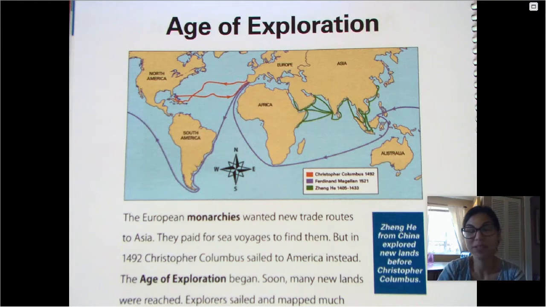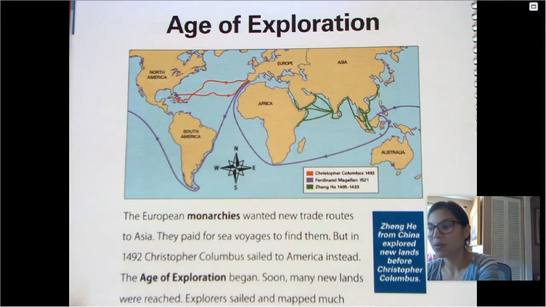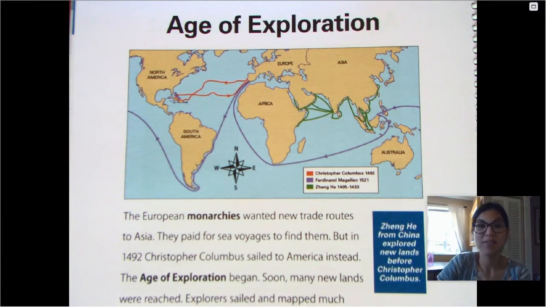So it was new territory to them. Okay, so all of these different voyages over to the New World is known as the Age of Exploration, where new lands were discovered and people wanted to establish a new life in other places.